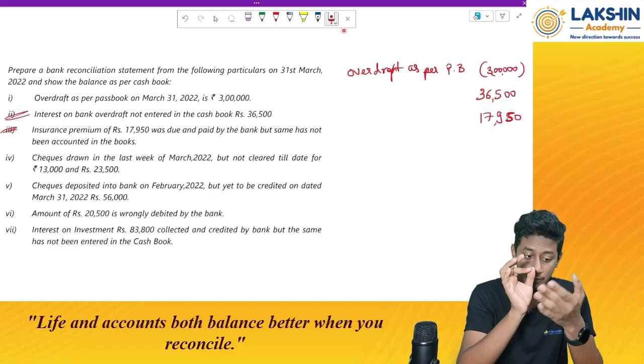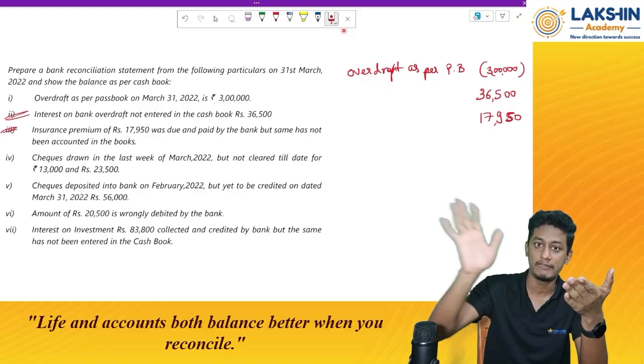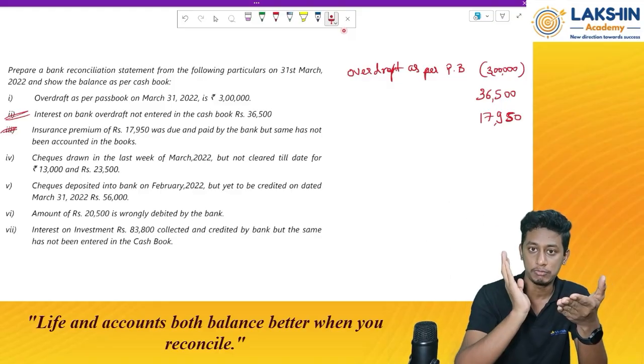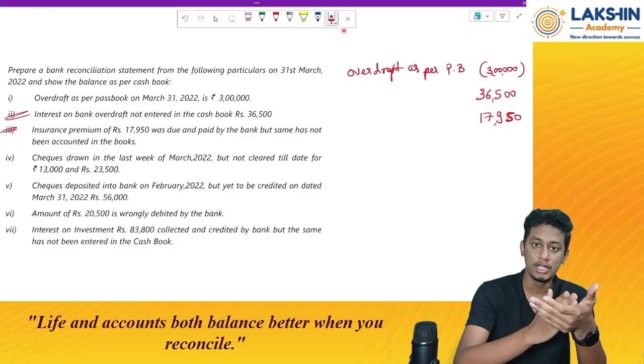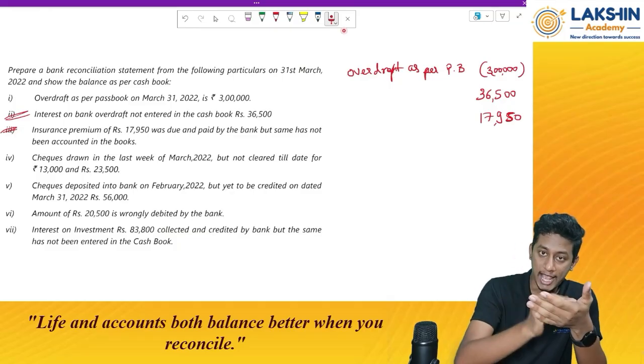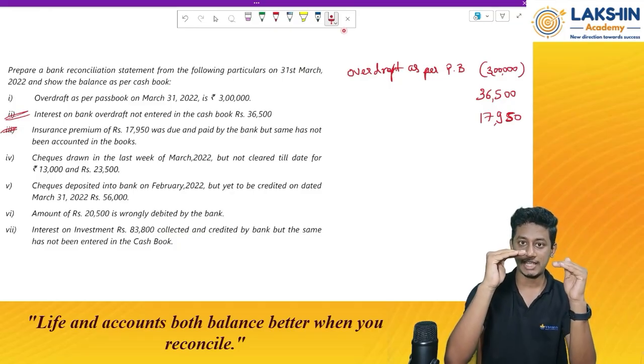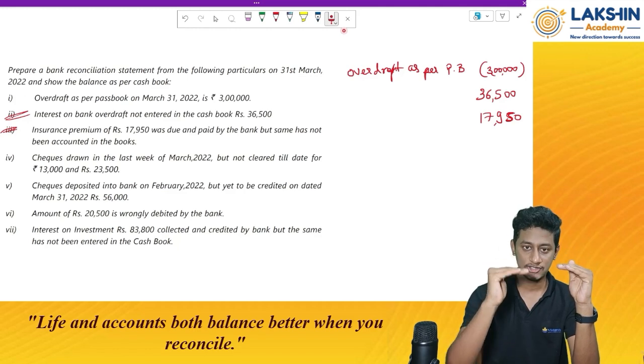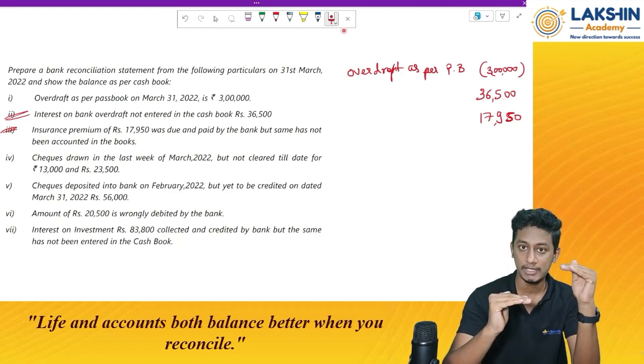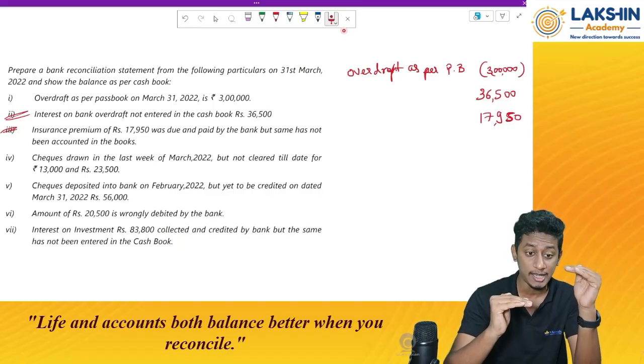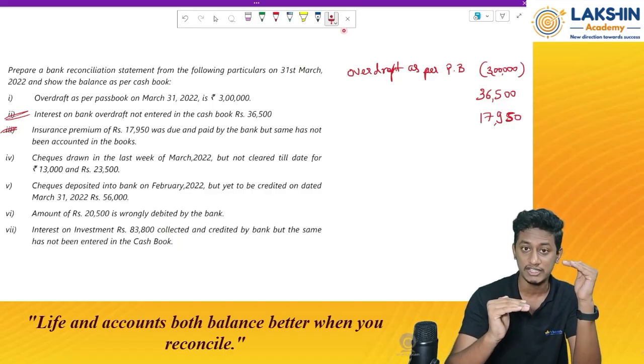But what I have done, once I have issued the check, once I have torn and given it to someone, I have made the entry in the cash book. So therefore cash book balance and passbook balance were equal. In cash book I have passed the check issued entry, but has the entry been done in the passbook? No sir. Why? Because the check was not presented till the date I am preparing the bank reconciliation, that is on 31st March 2022.